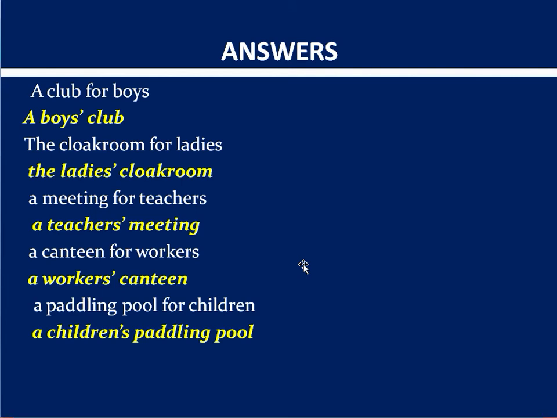A boys' club, the ladies' cloakroom, a teachers' meeting, workers' canteen, children's paddling pool. In all these nouns we are adding only the apostrophe, not s. S is already there at the end of the plural noun, and we are only adding the apostrophe.